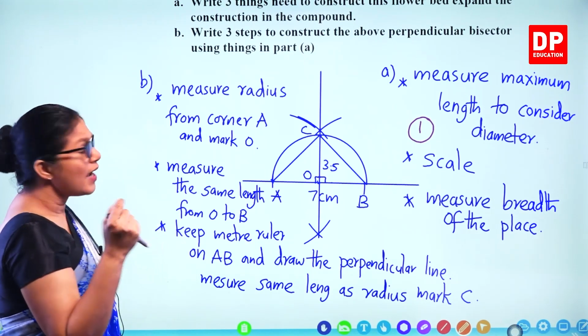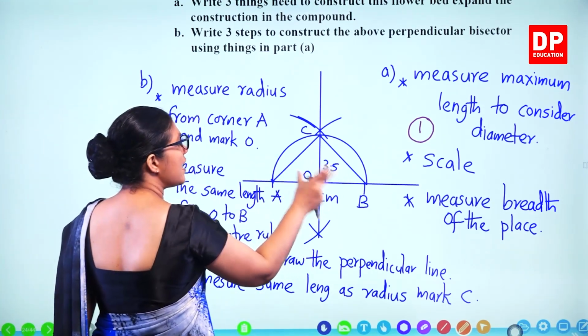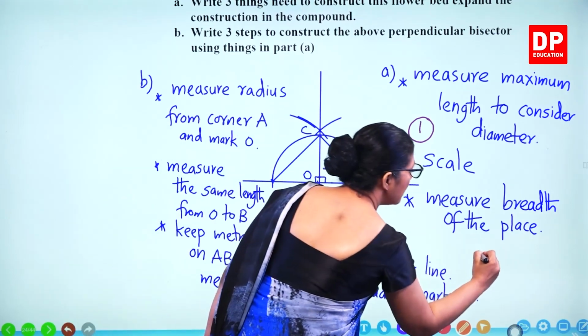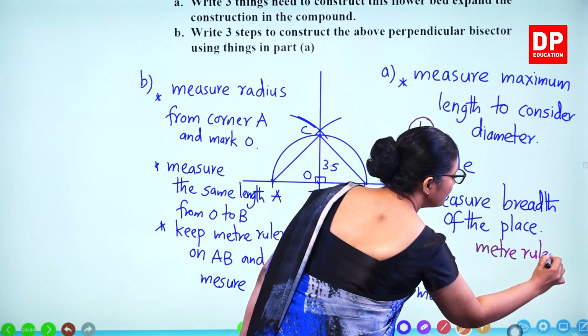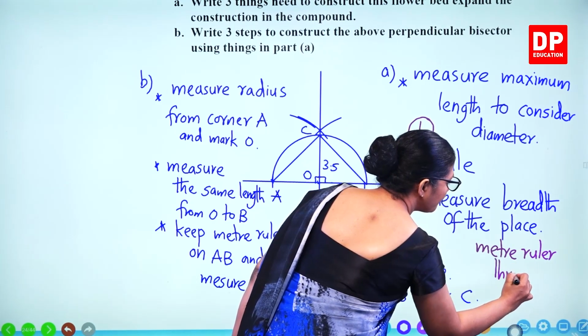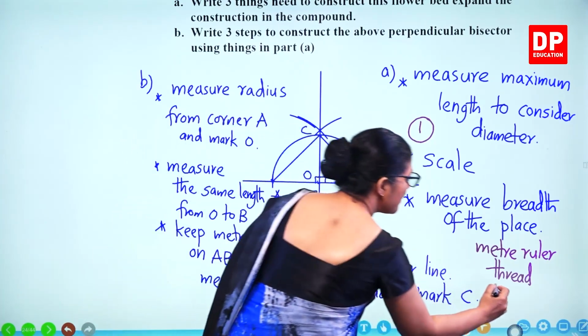And what we can do, we can take a thread. I'll write here meter ruler and a thread. So we can take a stone and a thread.